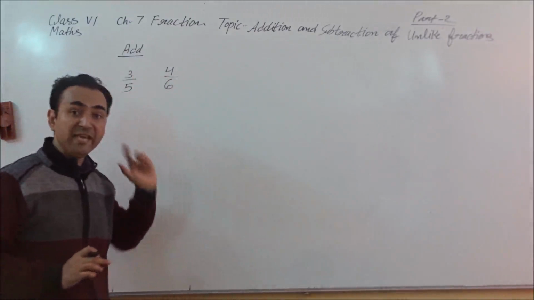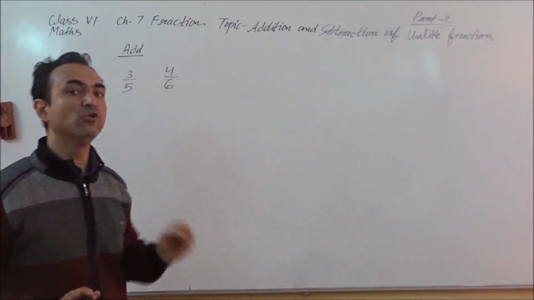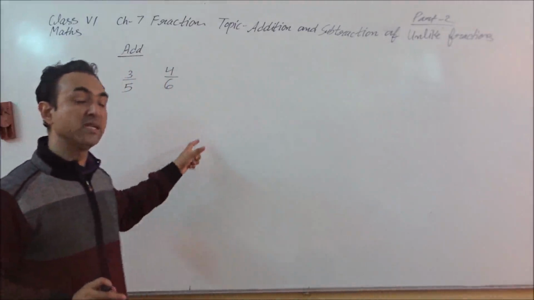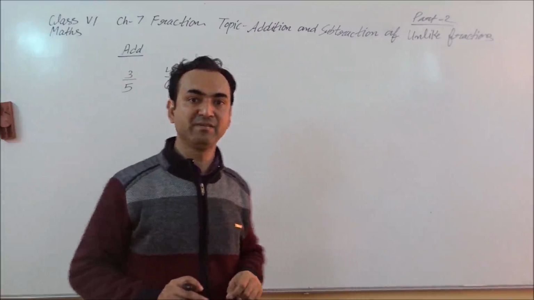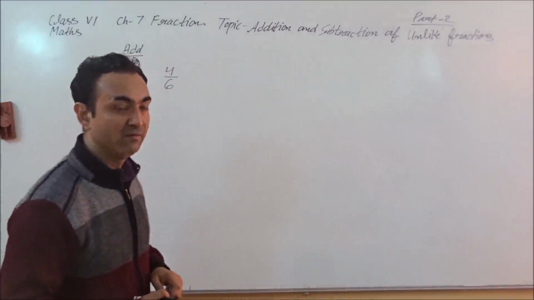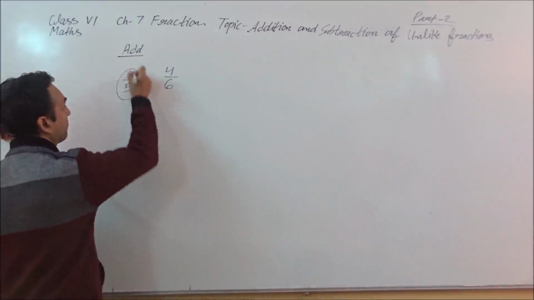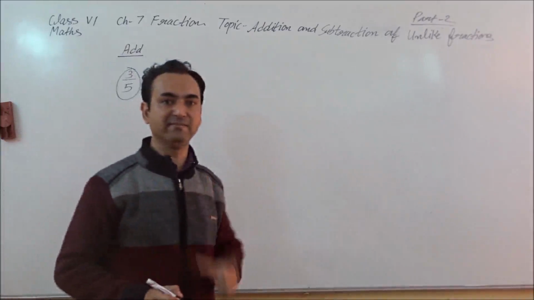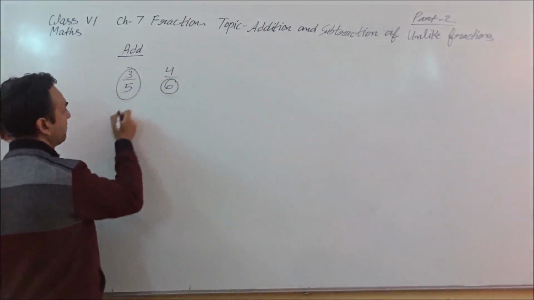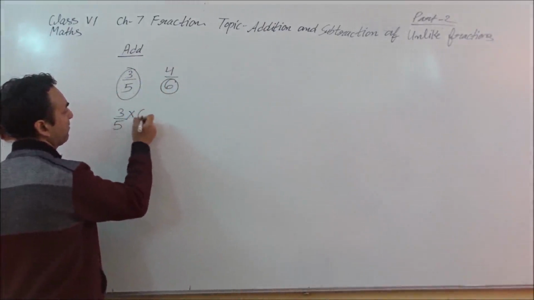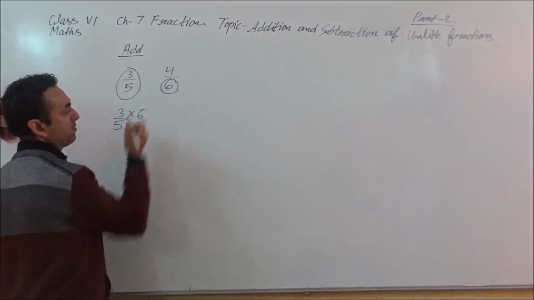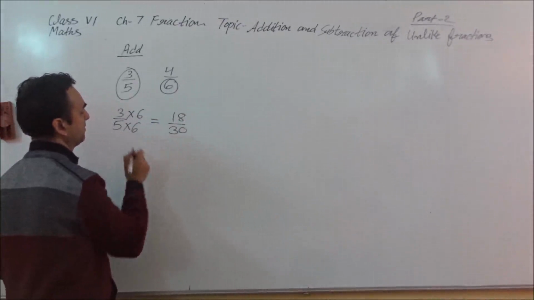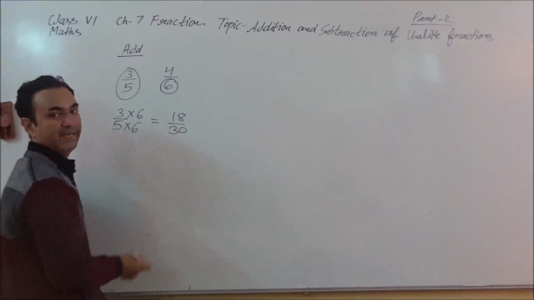Now we will change these unlike fractions into like fractions. How? The same method we used earlier in comparing unlike fractions. We will multiply the first fraction by the denominator of the second fraction. So 3 upon 5 multiplied by the denominator of the second fraction, we get 18 upon 30. 6 5s are 30, 6 3s are 18.